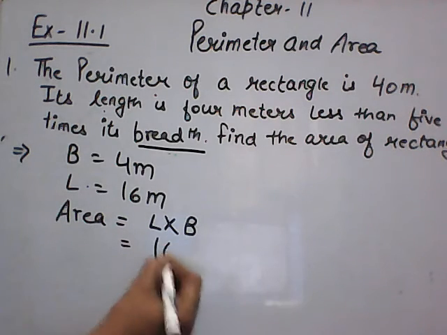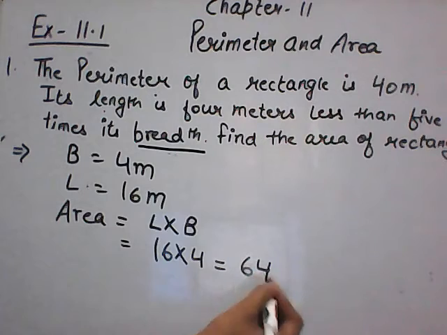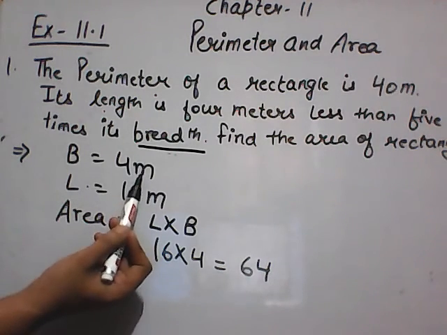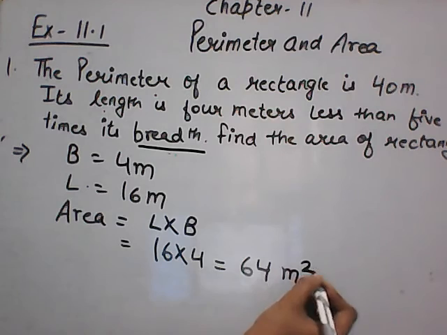Length is 16, breadth is 4. 16 fours are 64. Length and breadth are given in meters, and the unit of area is meter square. In this way, 64 meter square will be the area of the rectangle.